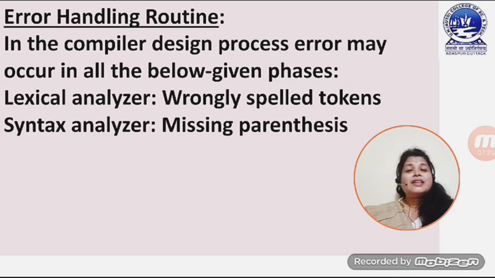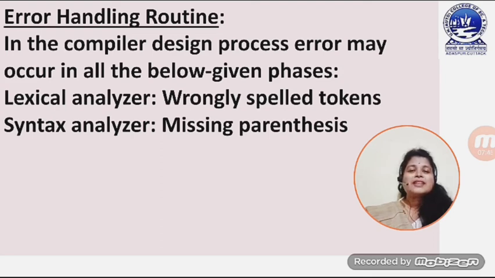Now, another important concept associated with the compilation phases is error handling routines. During compilation there may be some errors, obviously errors may occur. The programmer may make some mistakes, and for that reason there may be errors, and we know that there are basically two types of error we will discuss here.